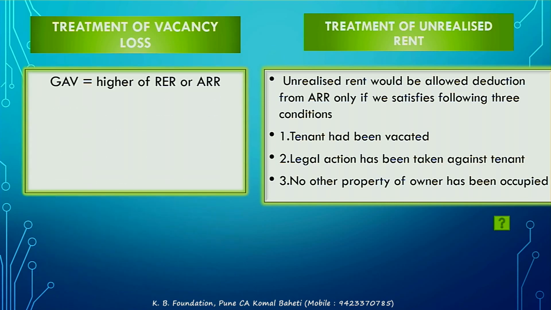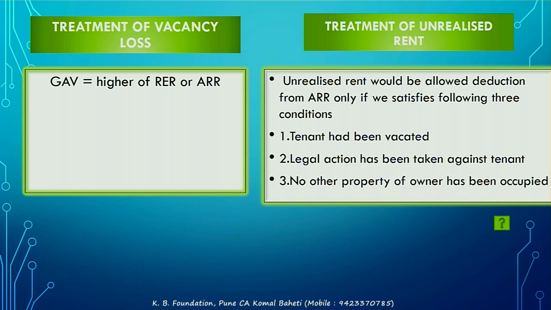First, you should know what a GAV, gross annual value, is in step 3. It says that on one hand I have my reasonable expected rent, and on the other hand I have the actual rent receivable. Whichever is higher would become the GAV.